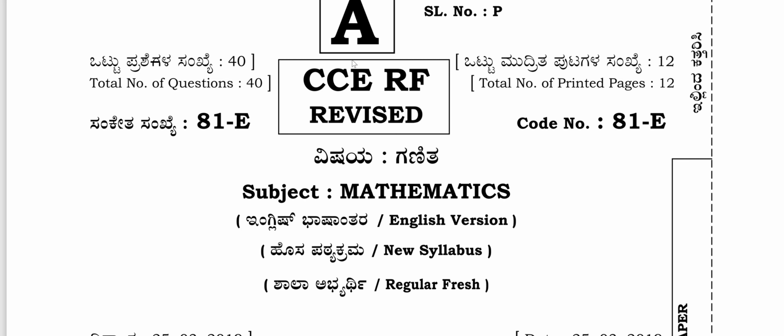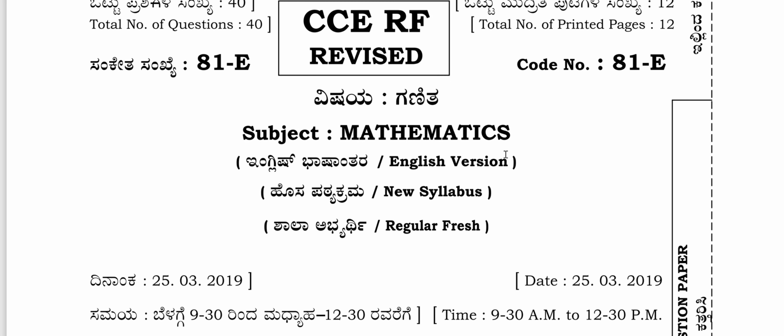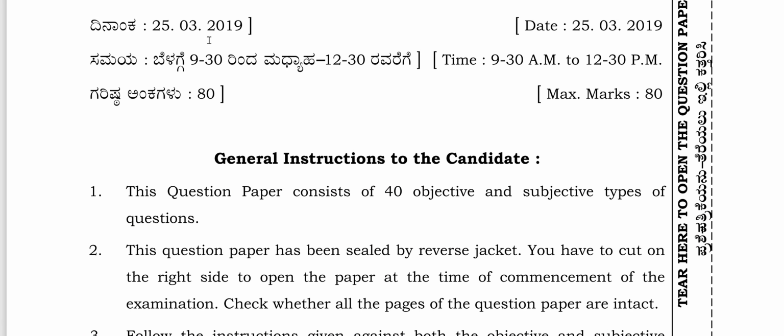There will be question paper versions, like A version, and remember there is a subject code 81E. E means English medium, 81 is the subject code of mathematics, English version, new syllabus. Today we are discussing the annual 2019 question paper.